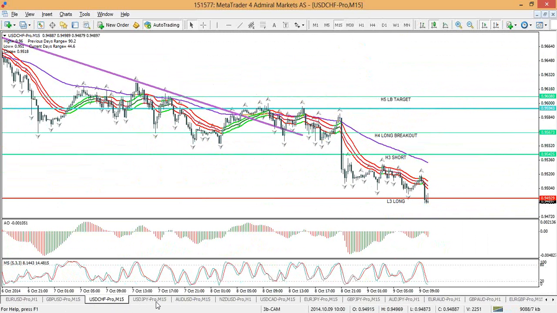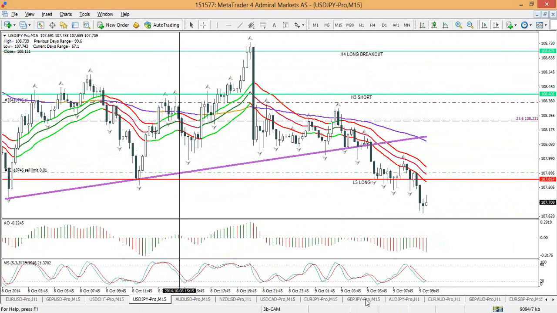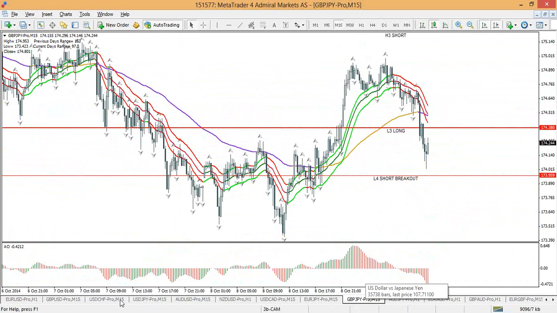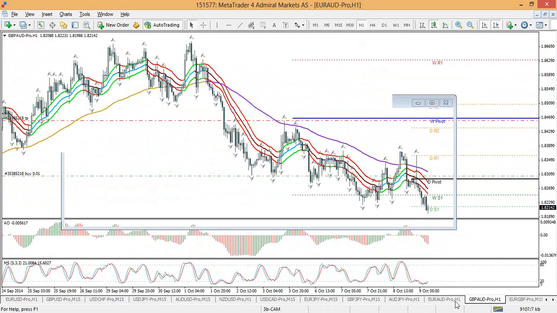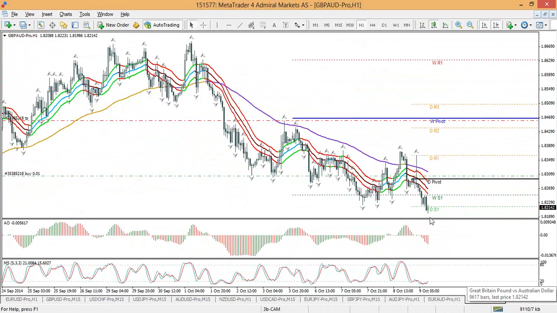That's good because we were focusing on that one, GBP/JPY and USD/JPY, but the Swissy doesn't look too bad. Probably number 3 I would say is EUR/AUD.